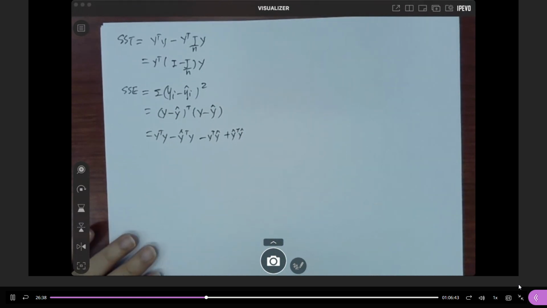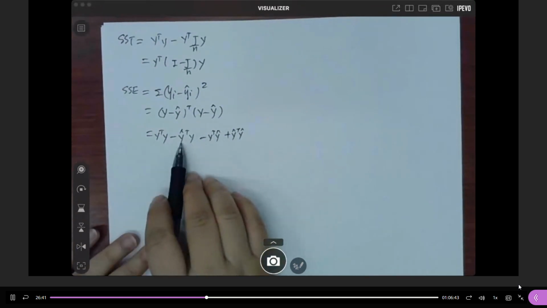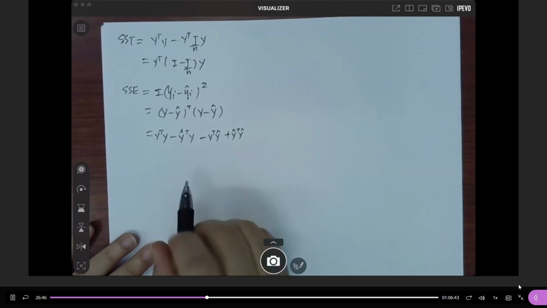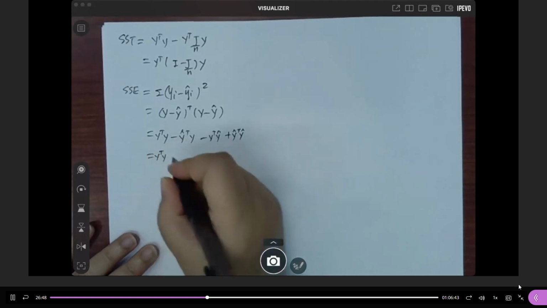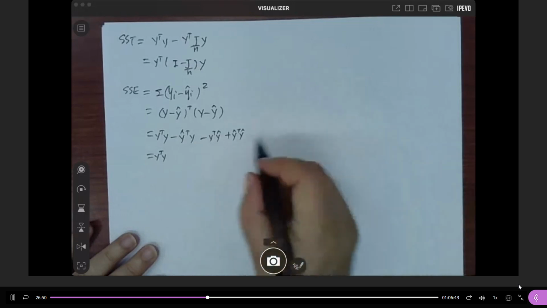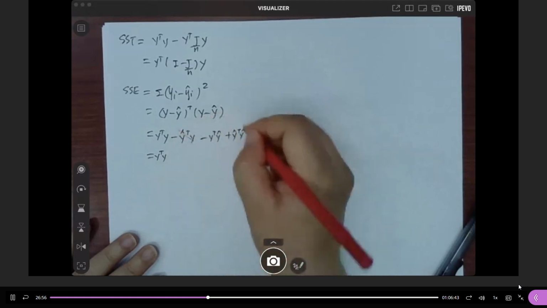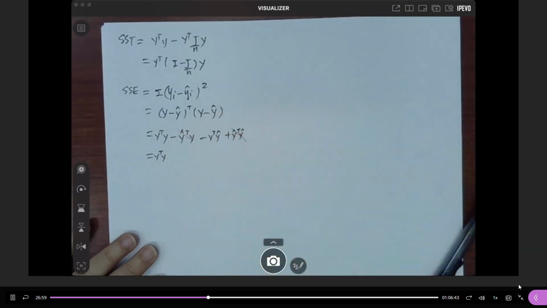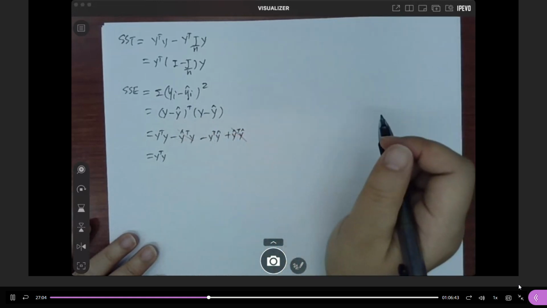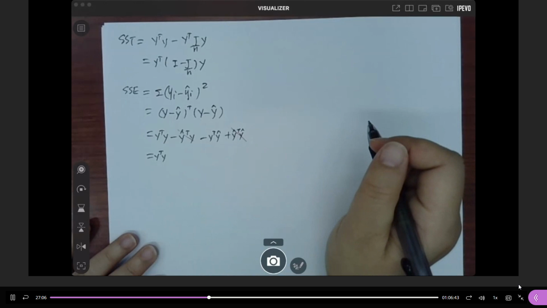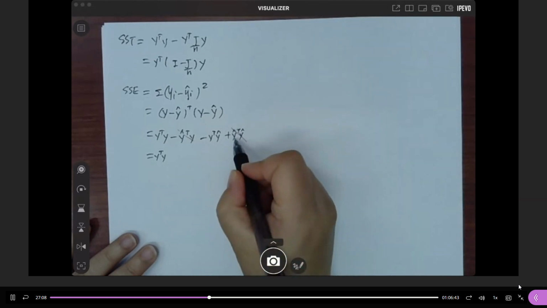Then you have to use H to write y hat in the form of Hy, right? So the first one is y transpose y. Then you realize, okay, these two are actually the same by the property of H. Second and third terms here cancel. So basically, y hat transpose is Hy transpose, equal to y transpose H transpose, right?